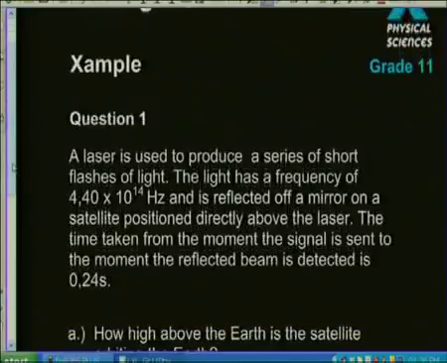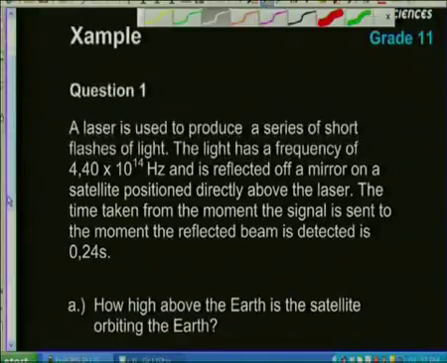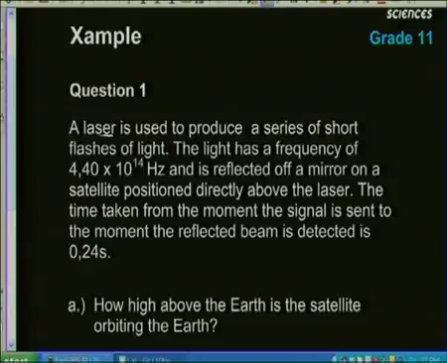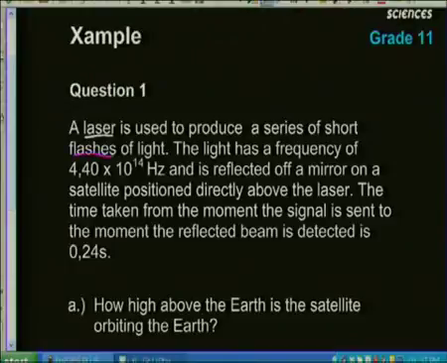Now let's move on and let's take a look at a question. Now, this is an interesting question, and we're going to go through it as if we were going through an exam question. It says, a laser light is used to produce a series of short flashes of light. So first of all, we recognize that we've got a laser. Laser just means that it's of one frequency, nothing more than that, and it's got a series of flashes. No real critical information up until this point, but let's move on.